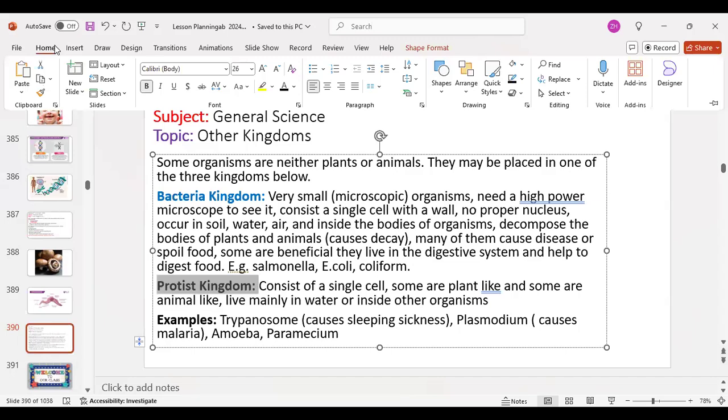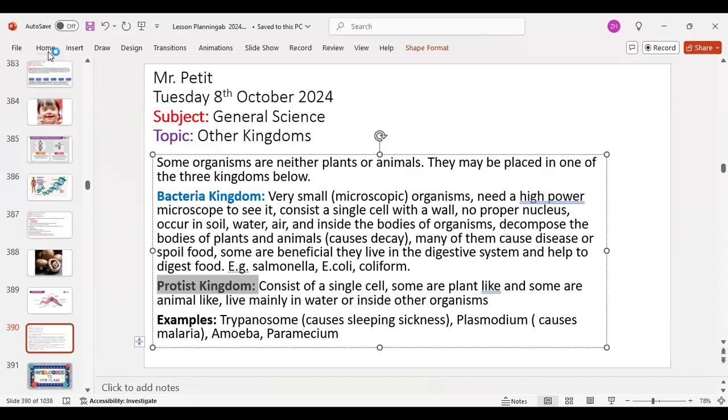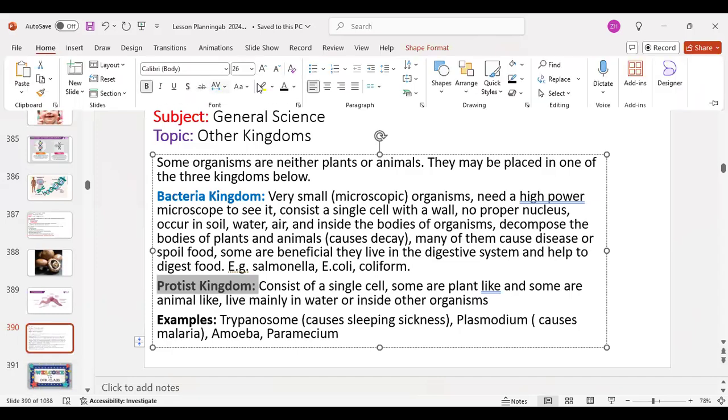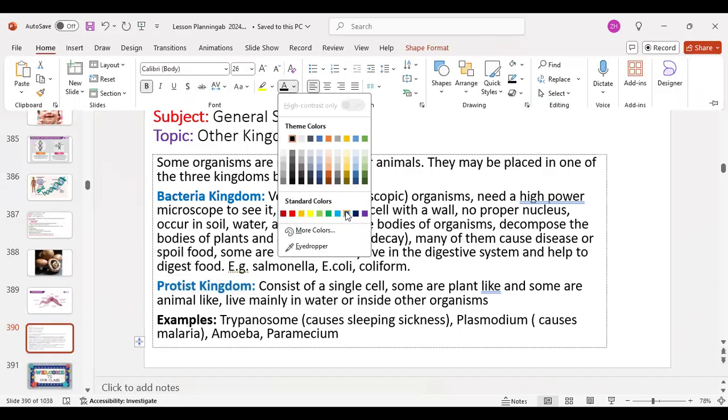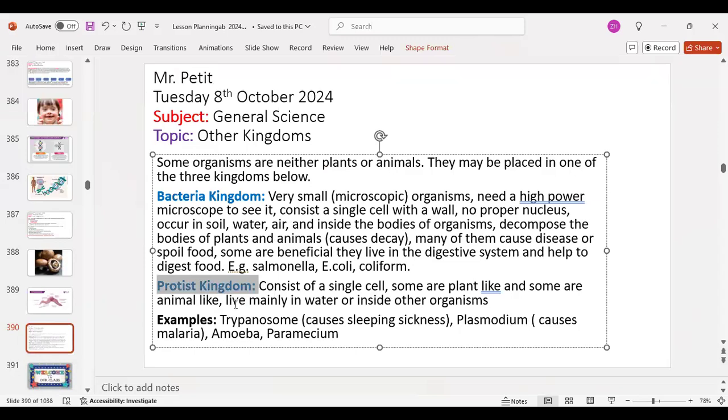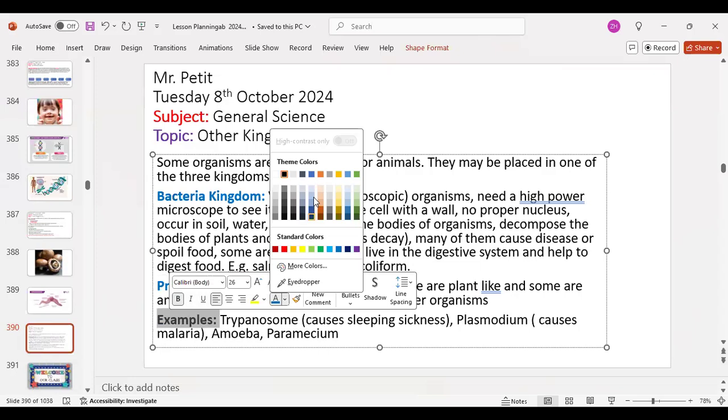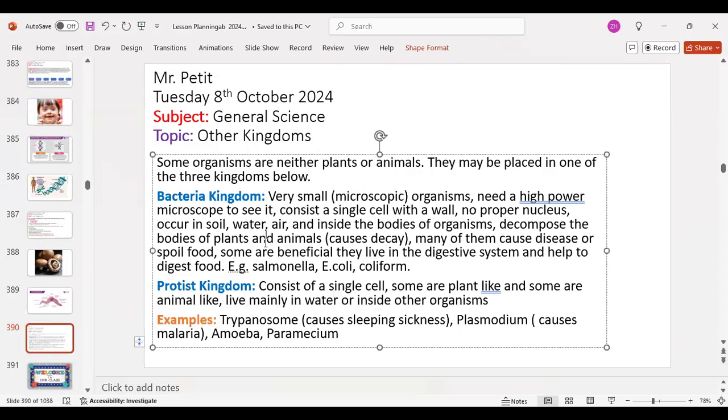So far we have listed two of the kingdoms that are neither plants nor animals, but they still exist. They still are alive. We don't categorize them as plants or animals from a general science standpoint. We just give them a whole other kingdom by themselves.